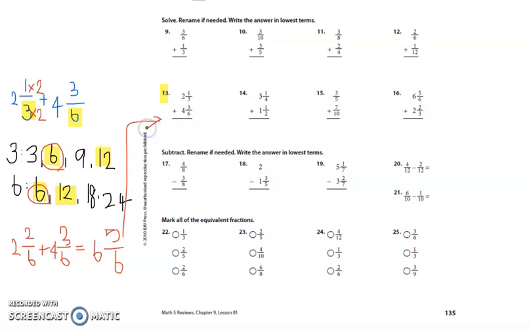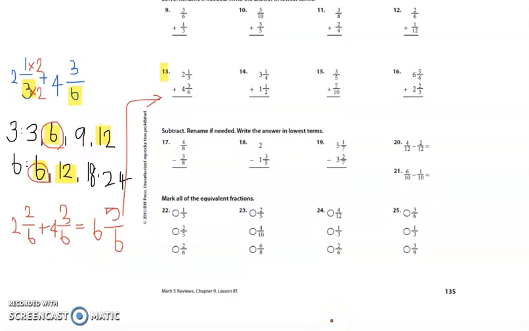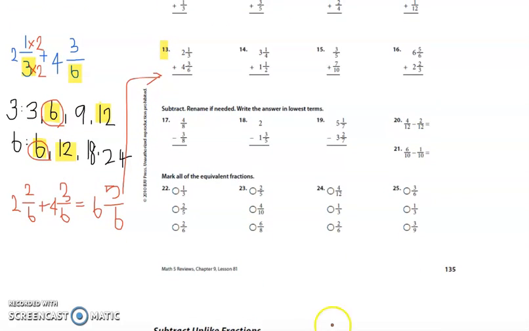Okay, all right, then how do I do number 22, 23, 24 and 25? It says I need to mark all of the equivalent fractions. So we need to find the fractions that have the same value.